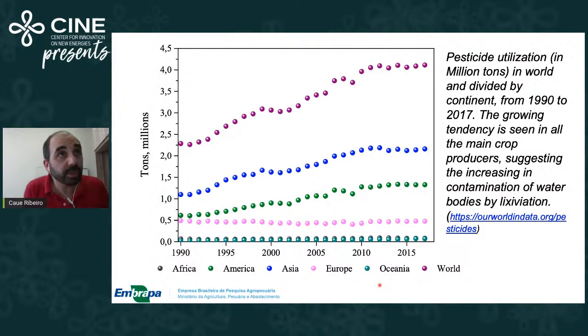But the consumption of pesticides is going at the same rate. It means that we have today more than 4 million tons of pesticides being consumed in the world. And although the treatment of these pesticides in the field is a really complicated matter, it's not easy to address this problem after the application.